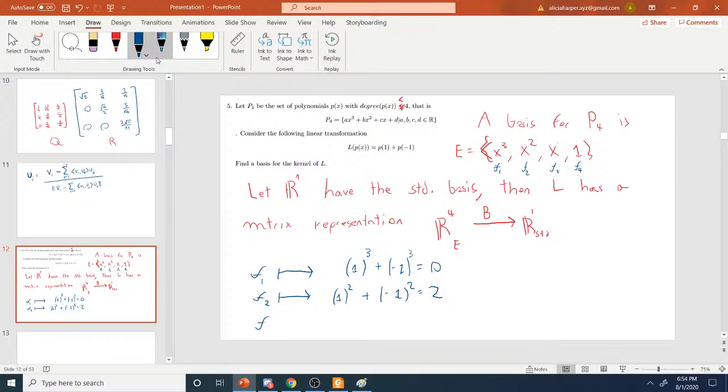We know that F3 maps to 1 plus negative 1, which is equal to 0. And we know that F4 maps to 1 plus 1, which is equal to 2. So we can write down the matrix representation with respect to coordinate vectors in E and the standard basis vector of R1. And B is given by the following matrix.